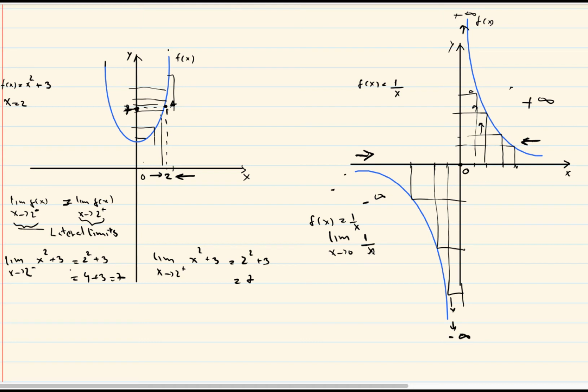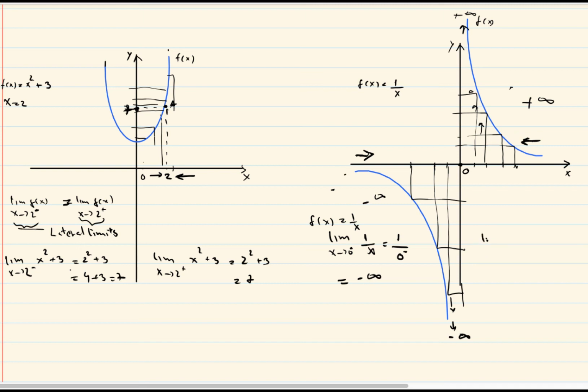We are taking a number so close to 0 to replace in the place of x. So if this is negative, coming from this side, we are going to have 1 divided by 0 from the left, and this gives us minus infinity. If you put it in a calculator, it's going to tell you math error or something like that.